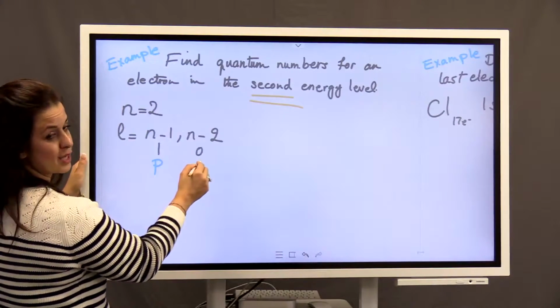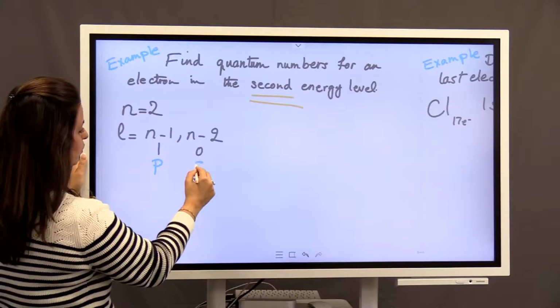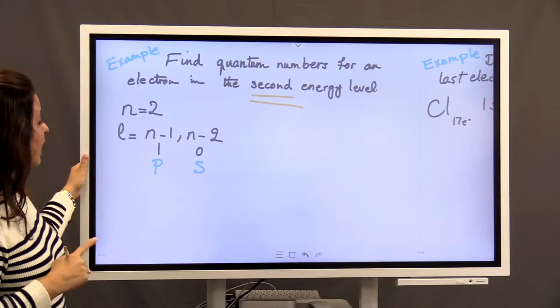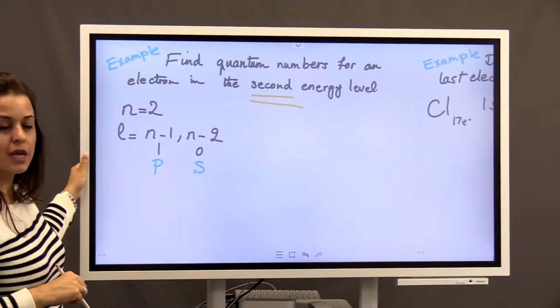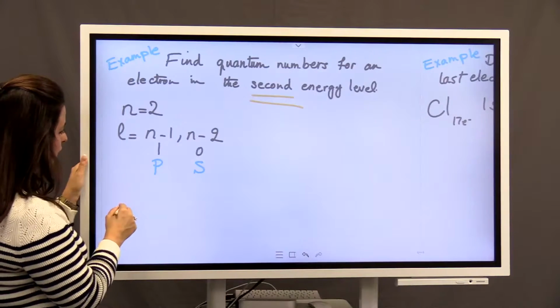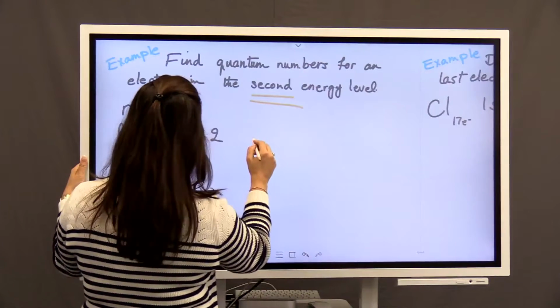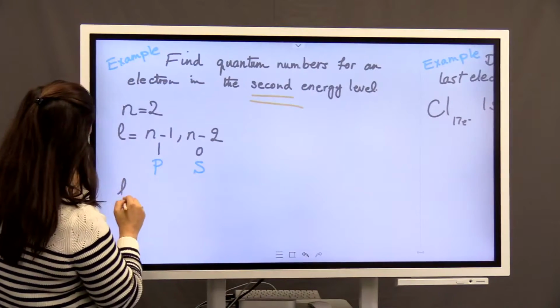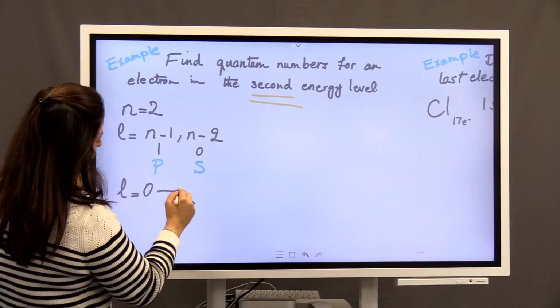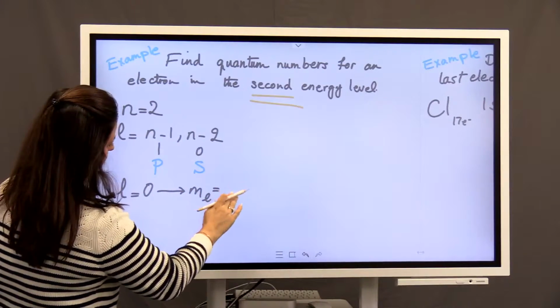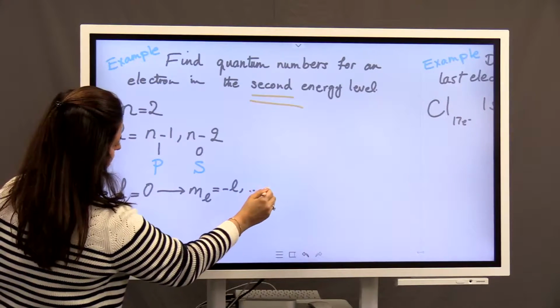P. And the assigned letter for L equals 0 was S. So we are talking about S and P orbitals, right? Need to find ML for both. L equals 0, let's put it here, 0. ML is from minus L to positive L, right?